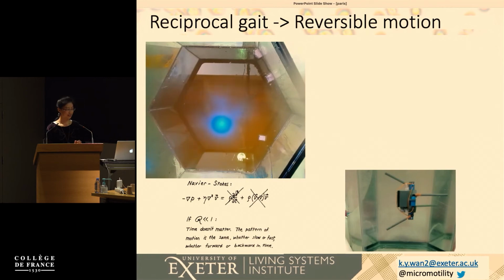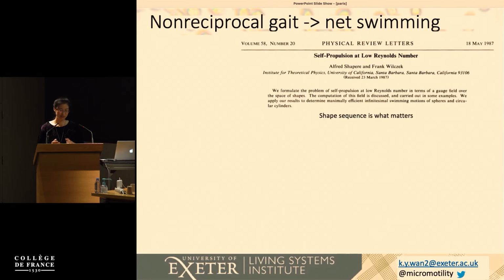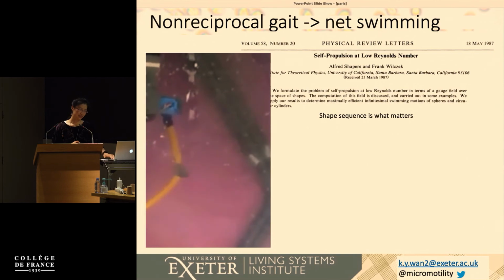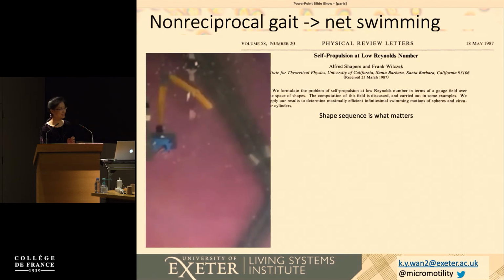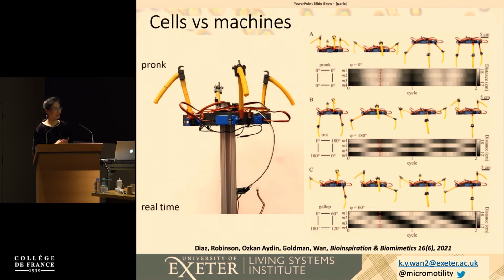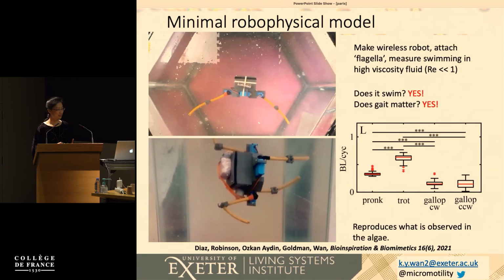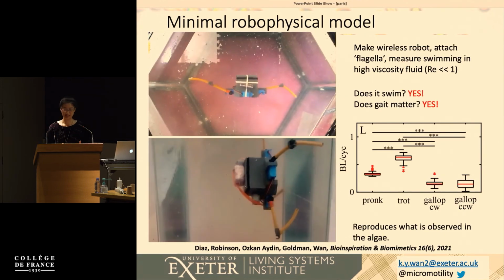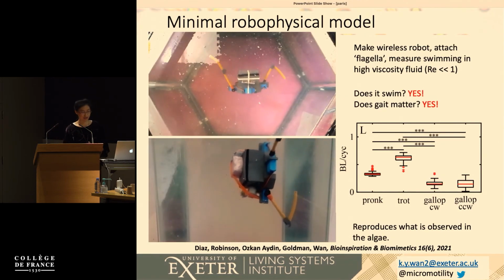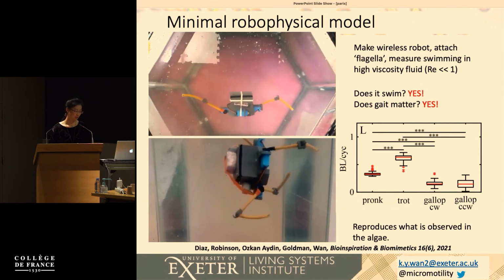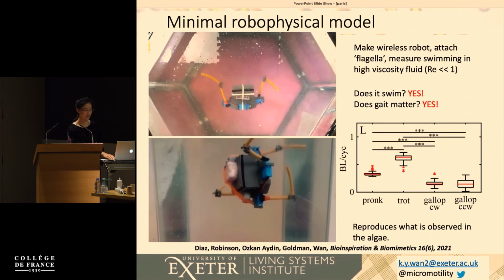But a robot that has a hinge, which essentially breaks the temporal symmetry, is capable of net swimming. And then we can, of course, try to have multiple flagella and see what happens when you place them in these fluids and compare the influence of gaits on the propulsive efficiency, if you like. And this all matches with the theory and also with the experimental measurements.